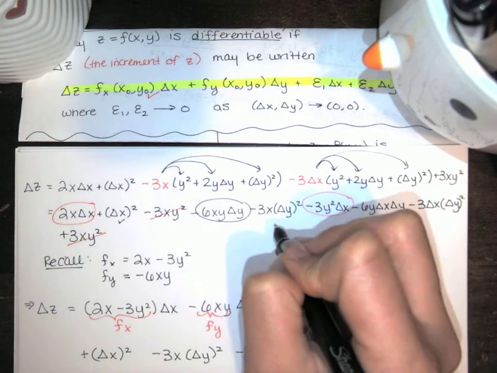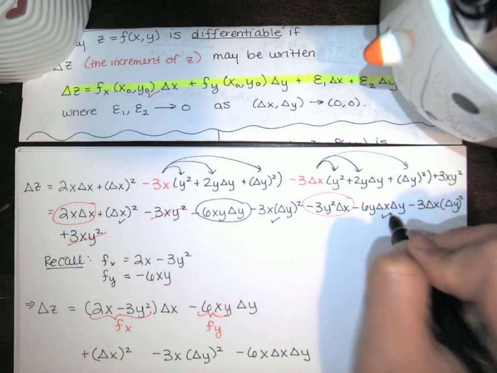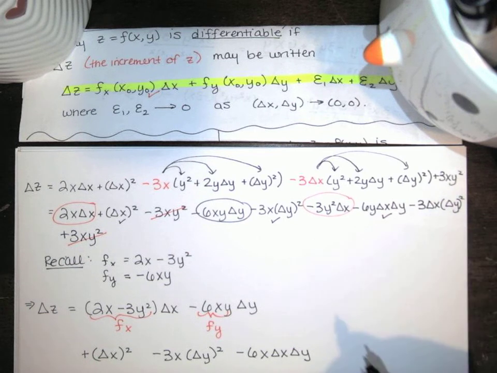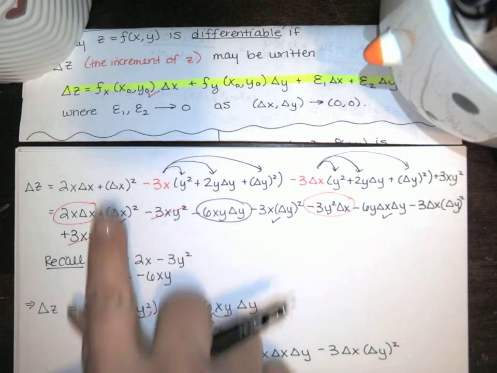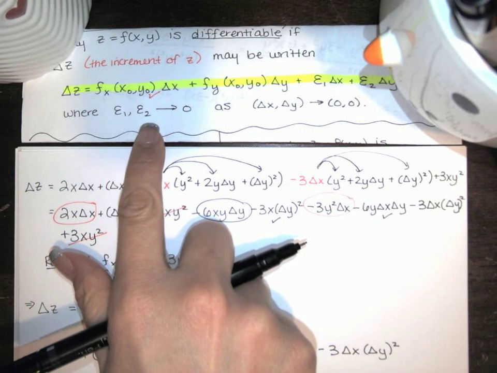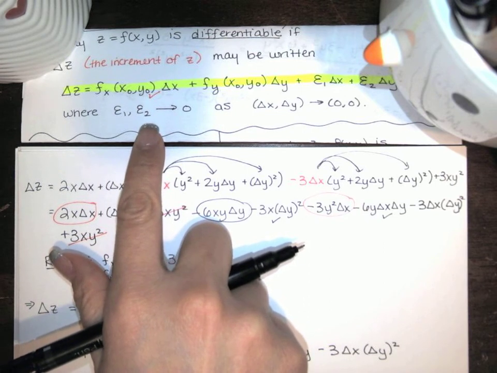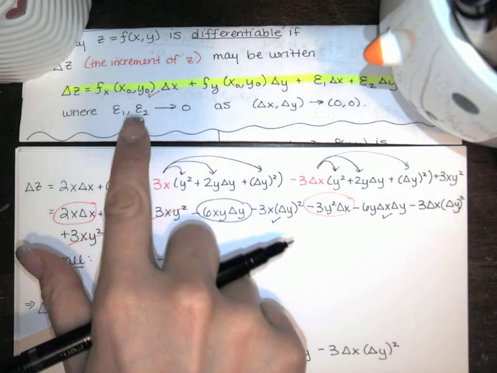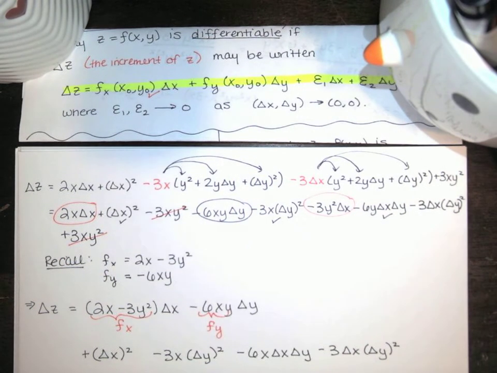So I took care of those, and then this one has the delta x and the delta y squared again, minus 3 delta x delta y squared. Now epsilon 1 and epsilon 2 are allowed to be functions of x, y, delta x and delta y, but they have to go to 0 as delta x and delta y go to 0. That's our goal.